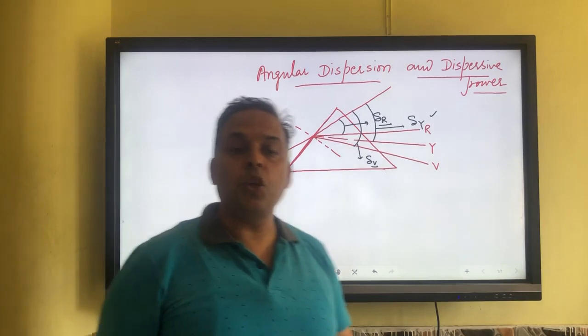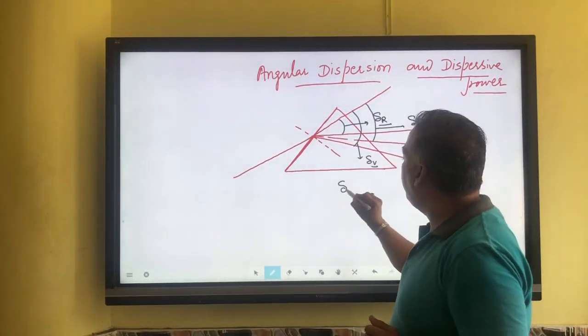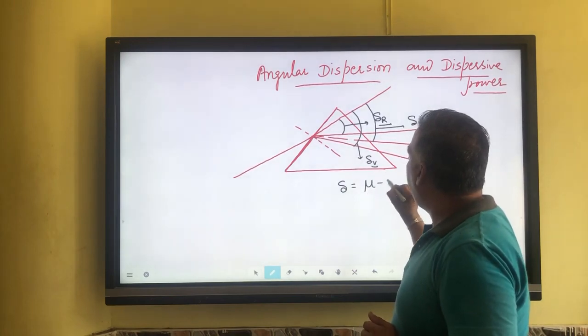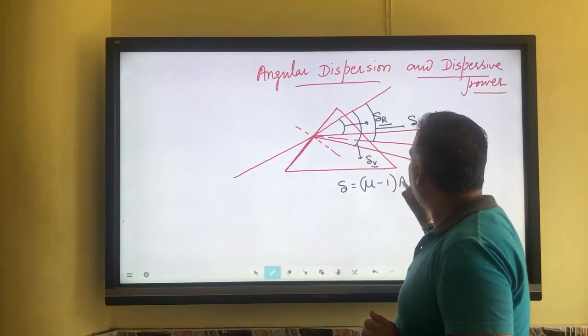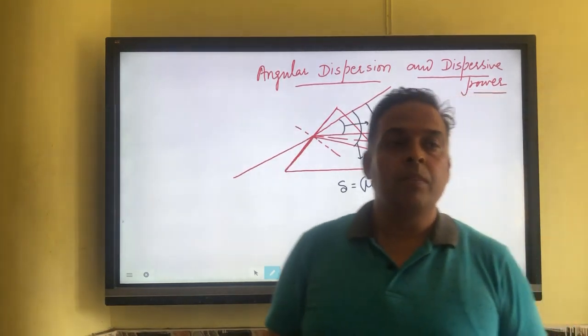Now the angle of deviation is (mu minus 1) into A. This is called the angle of deviation.